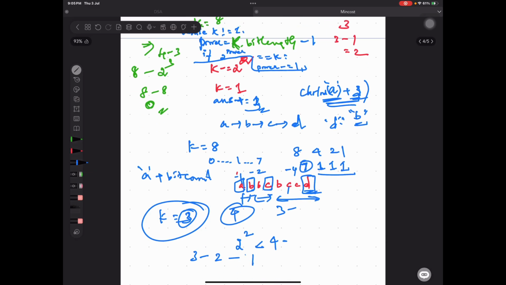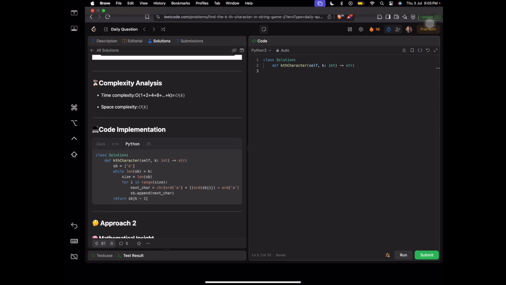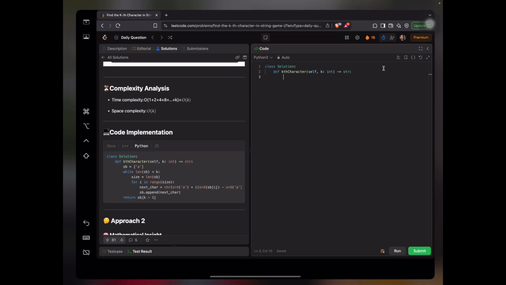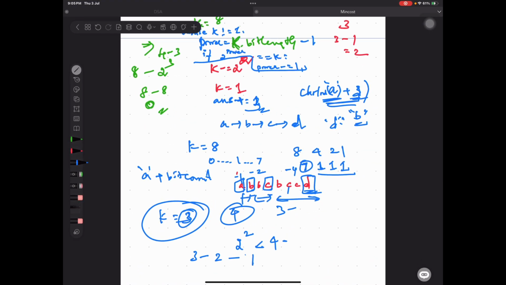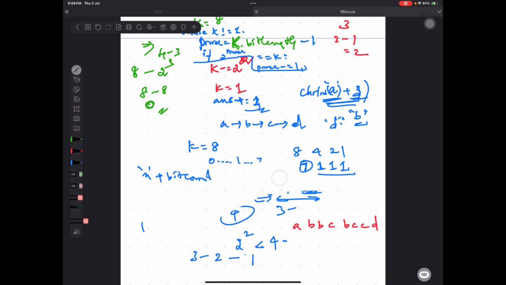For example, if you are taking the character of 6, so k equals 6, in that case what will be our bit count? So k equals 6, our bit count will be 2, right?